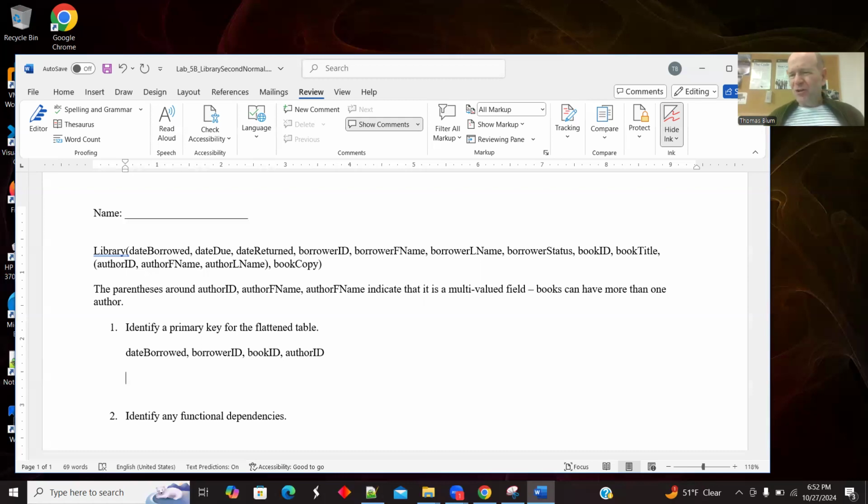One thing that came up, so I'll discuss it now before I forget, is that we're going to start doing functional dependencies below. I think this is good for any record in the table. But one thing that came up was book ID: does the book ID tell us the book copy? That's going to come up next in number two for our functional dependencies.